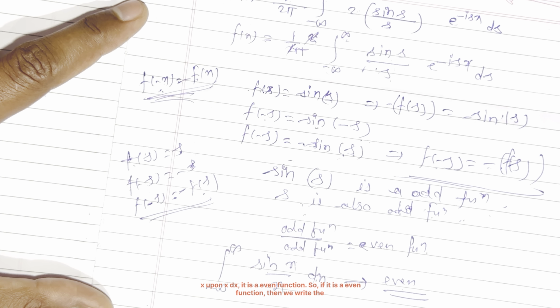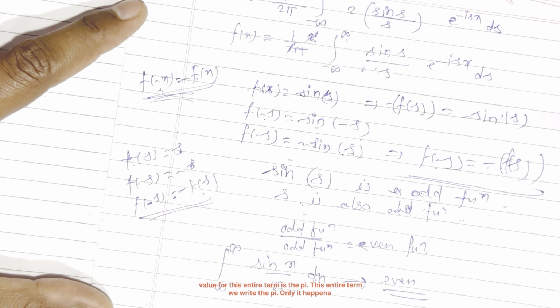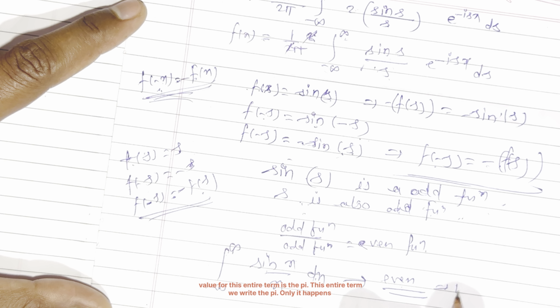If it is an even function, then we write the value for this entire term as pi. Odd upon odd means it needs to be even.